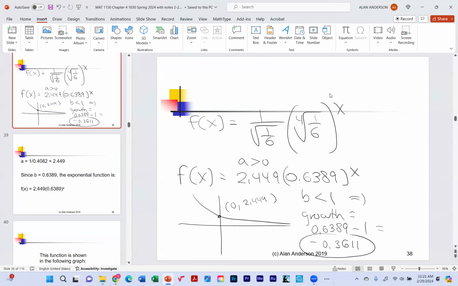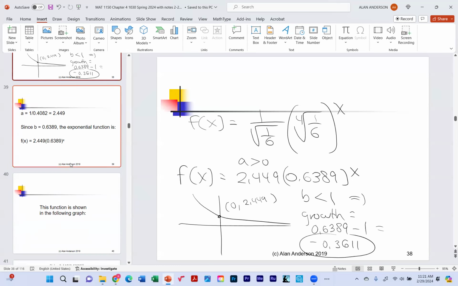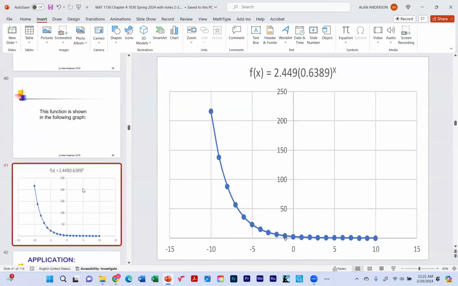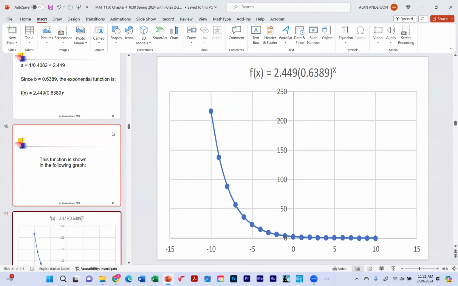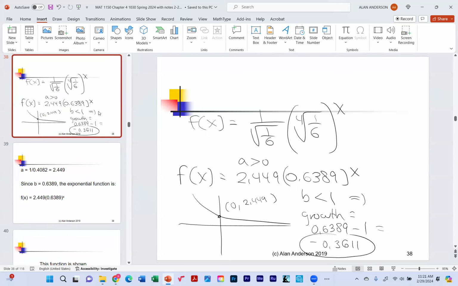It's losing about 36% per year in its value. And so this is Excel's version of it. It's kind of like a car that's losing a lot of its value. I mean, depreciation is very, very rapid with this car.